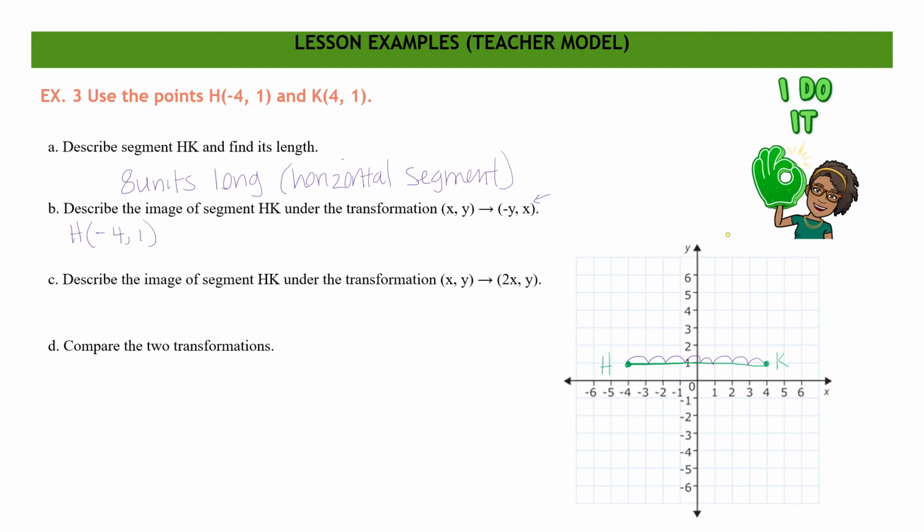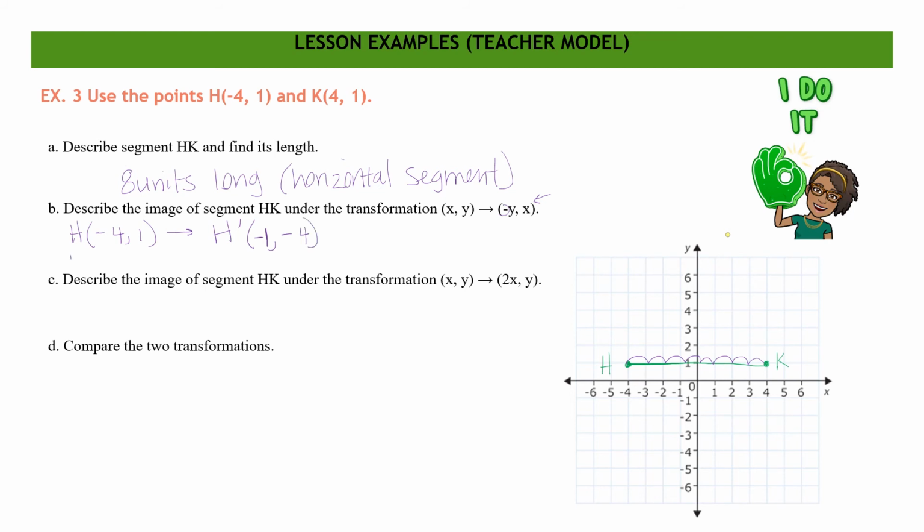If I plugged it in to that rule, my image point or new point, H prime, well, let's plug that in. So that means I'm switching my y's. So my new x is going to be 1, and remember we're taking the opposite of it, so that's going to be -1, and then my new y is going to be -4.